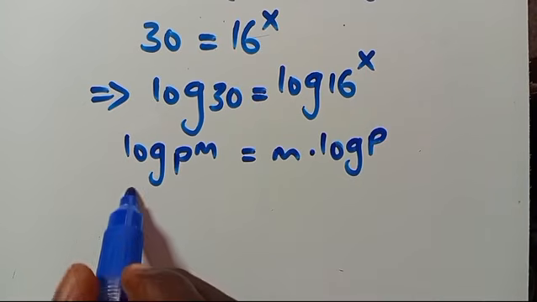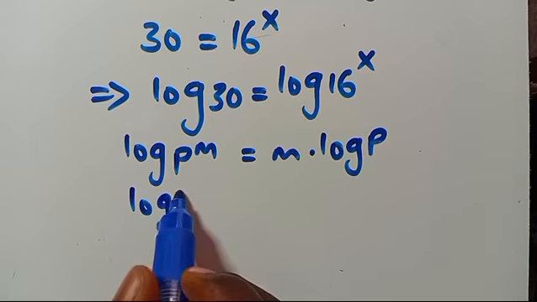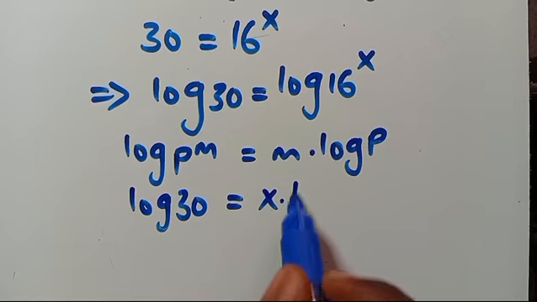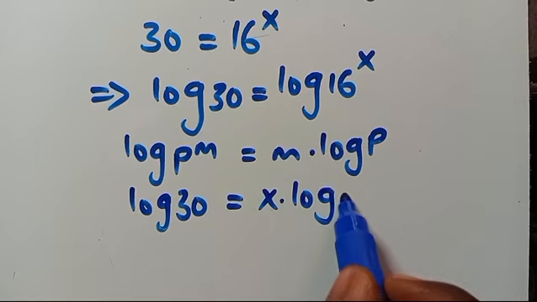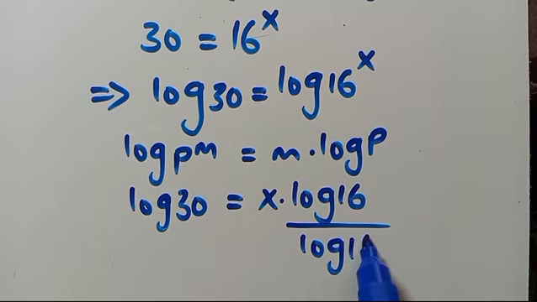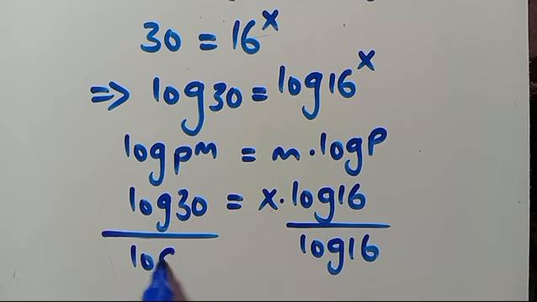So from here we have log 30 equals x times log 16. So dividing through by the coefficient of x, which is log 16, here we also divide through by the coefficient of x, which is log 16.